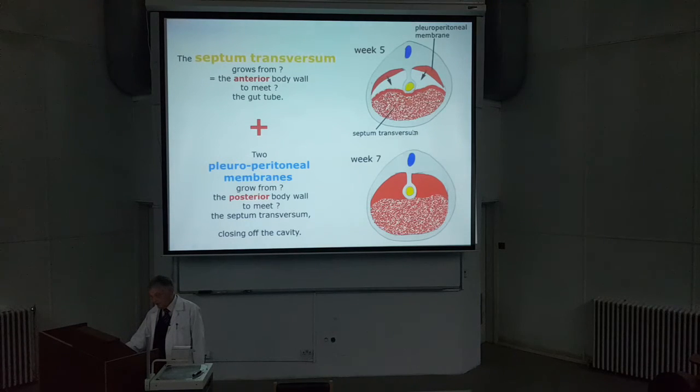That's the development of the diaphragm. The diaphragm develops from three structures. The anterior part from septum transversum, the posterior part from the pleuroperitoneal membranes, and the crura they develop from the dorsal mesentery of the esophagus, because the esophagus is going to be stuck to the posterior abdominal wall, and its mesentery comes and forms the crura.